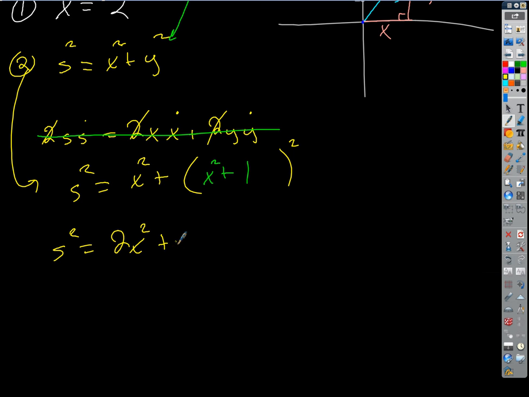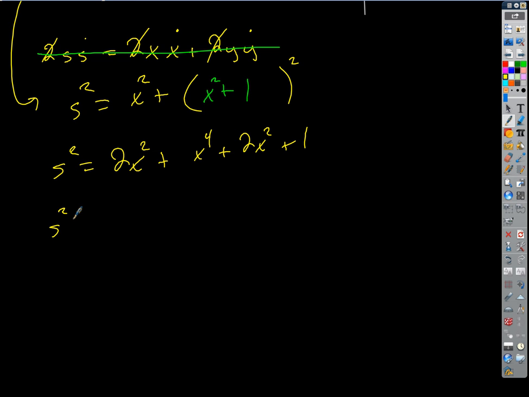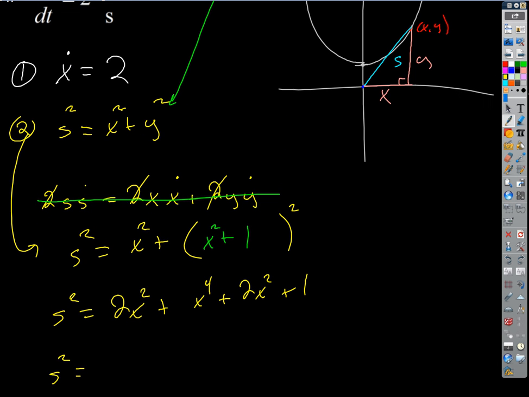This whole thing right here is going to become an x to the 4th plus 2x squared plus 1, isn't it? Now we can combine like terms and get what? Because I've got 2 times x squared times 1. X squared. Yeah, it should just be a 2x squared.